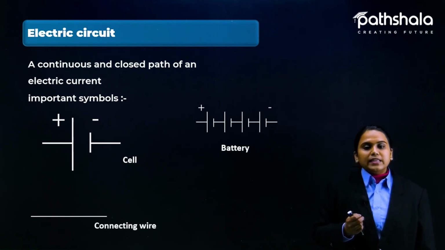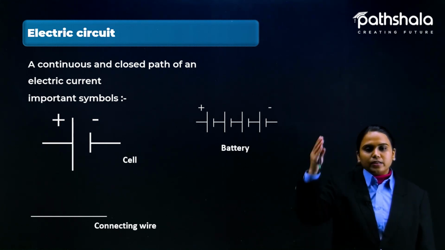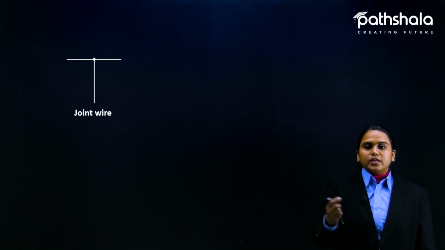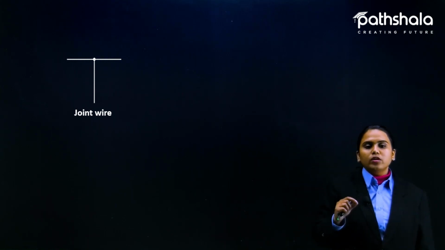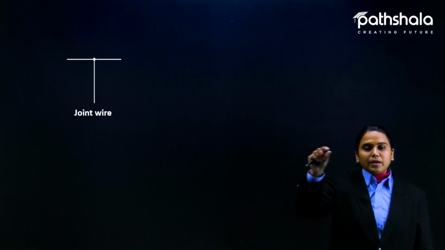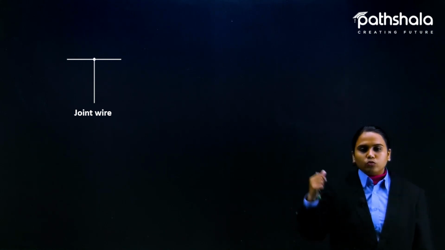Another symbol is the connecting wire. That is a single line. It could be vertical or horizontal, but it is a connecting wire. And now this is the diagram of a joint wire. Like in our household, if we want to make one more circuit from the mainstream wire, we can easily make a point from between and join it to another room also.